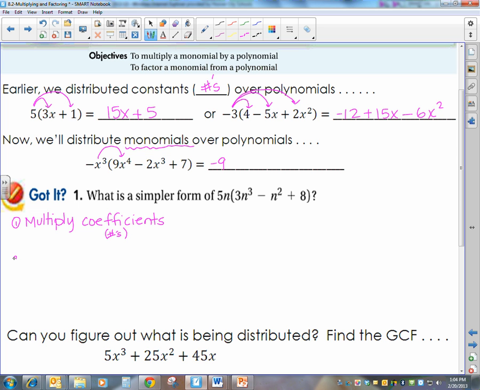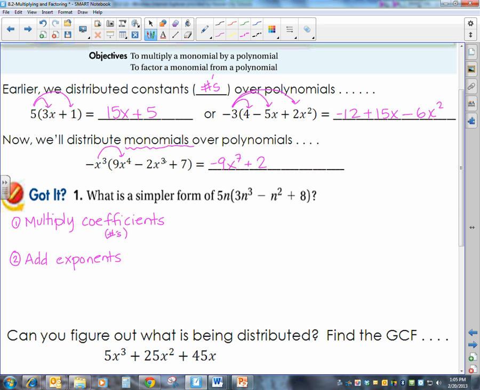We multiply the coefficients, and then we're going to add the exponents of our variables. Of course, the variables have to be the same to be able to do that. So if I have x cubed and x to the fourth, how many x's do I have now? I have 3 here, 4 there. Add those together, and you get 7. And then I have negative 1 times negative 2, which is positive 2.